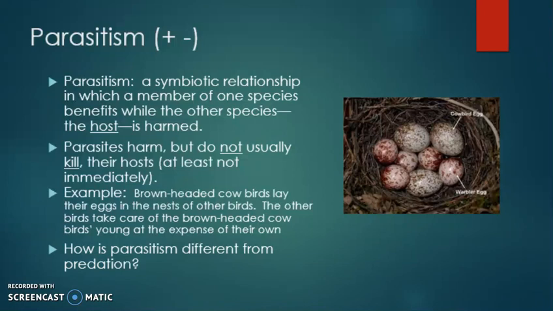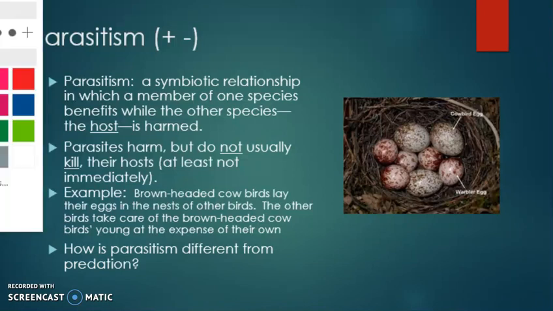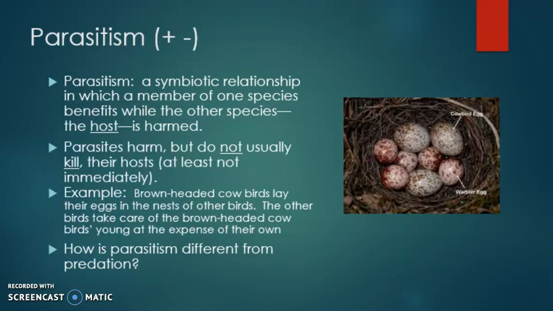Or a parasite inside of you might be getting a habitat to live in, in addition to nutrients. So we know that one is benefiting and one is being harmed. So we've got our smiley face and we've got our frowny face.